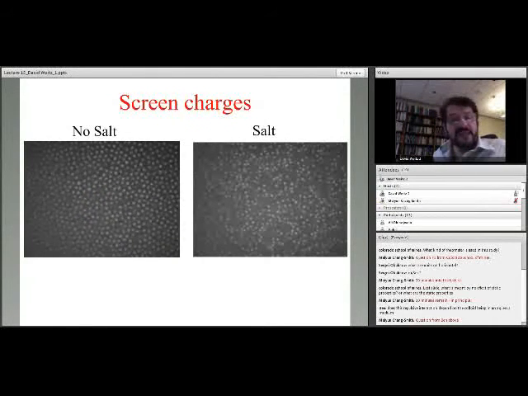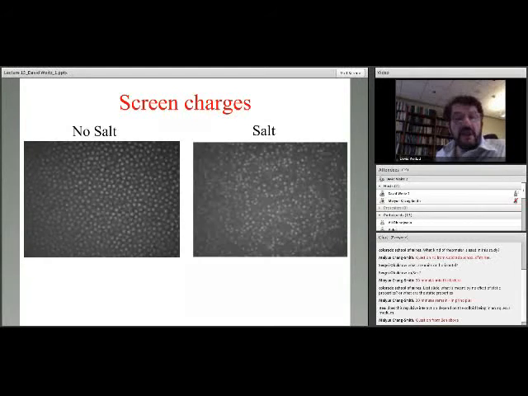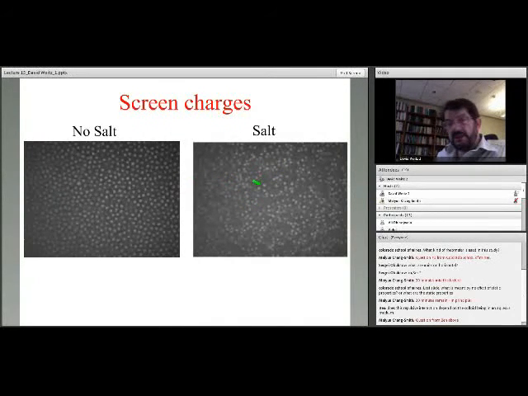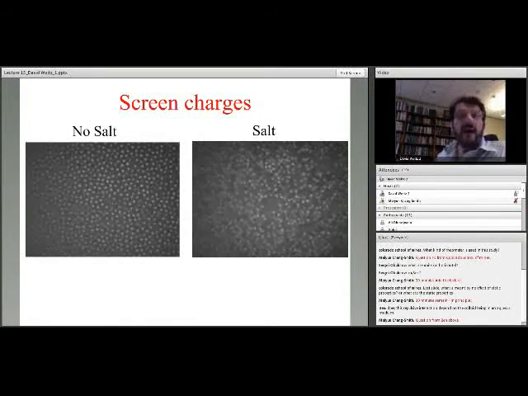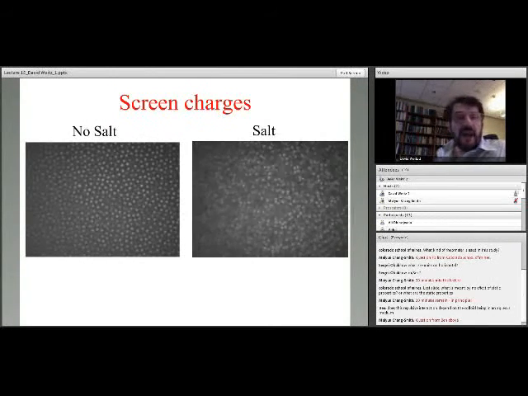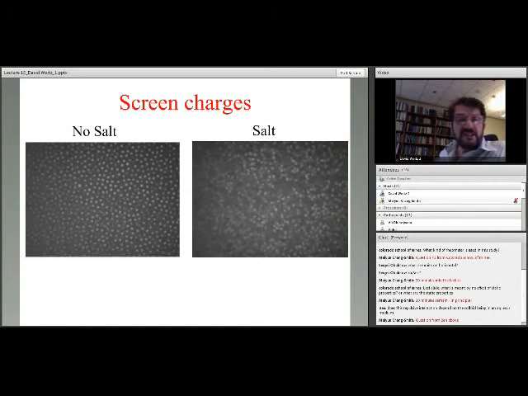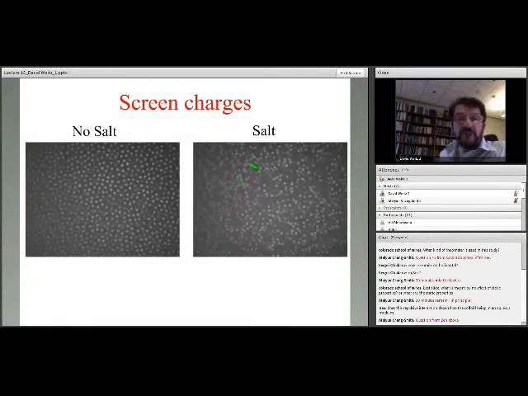If you add salt to screen out the repulsion, so if you go back to the case where you have those negative ions in solution, if I add salt to increase the charges in solution, that has the effect of screening out the charges, so that there's so many charges that you don't see the effect of the positive surfaces maintaining neutrality. I mean, of course, neutrality has to be maintained, but there's so many more charges that the actual interaction is decreased, and so the range of the repulsion is much less.